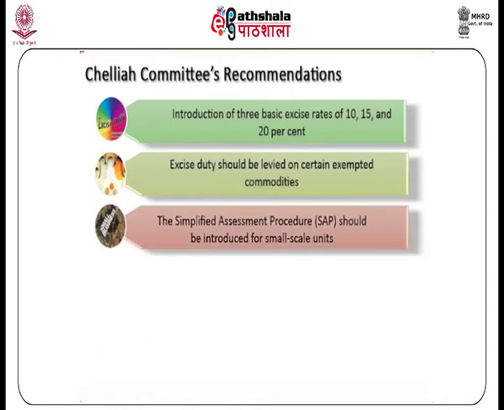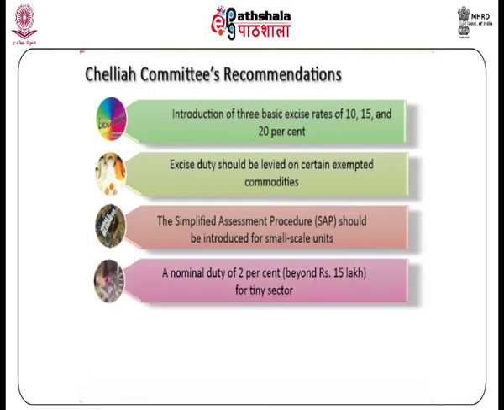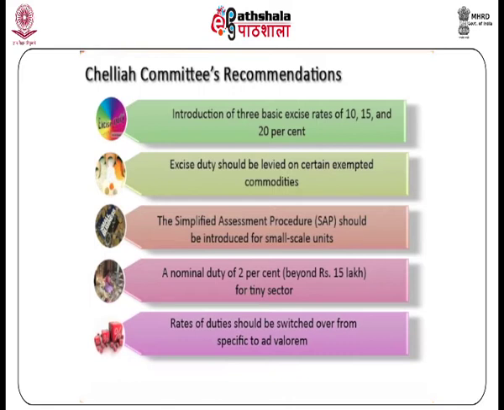The simplified assessment procedure should be introduced for small-scale units whose turnover did not exceed Rs 30 lakh. A nominal duty of 2% beyond Rs 15 lakh was also recommended for units in tiny sector to bring them into the tax net. Rates of duties should be switched over from specific to ad valorem except when it was not feasible for administrative reasons.